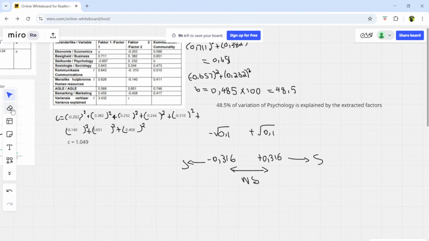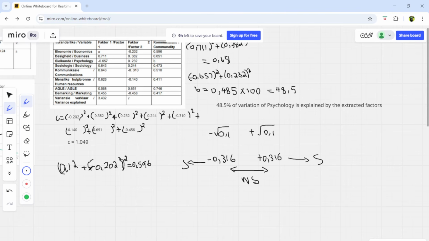So calculating the value of a in a simple way would just be a in brackets squared equals, I mean plus, minus 0.202 in brackets squared, which equals 0.596.